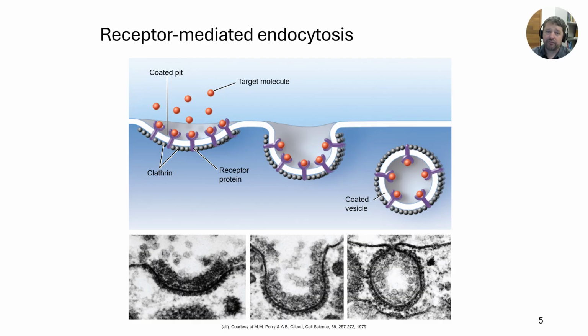Which means that you have protein receptors that occur in a little pit, and when the target material is there, maybe this is a liquid, maybe this is a hormone, maybe this is small proteins, when they get associated with this receptor protein, that can cause a shape conformation change. And so it can cause the pit to increase in size, and then it will pinch off. And then you have this coated vesicle that can come in.